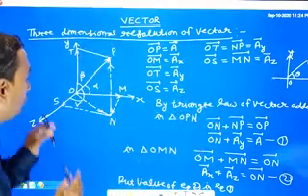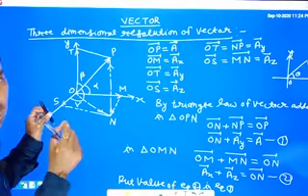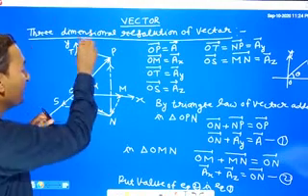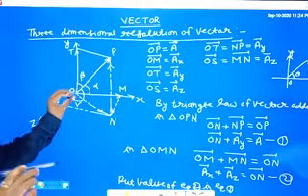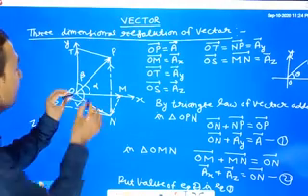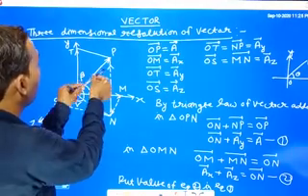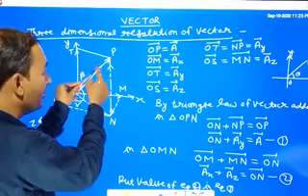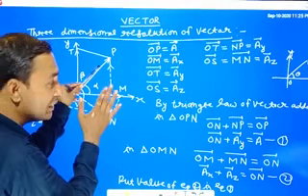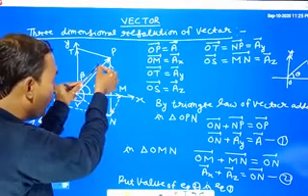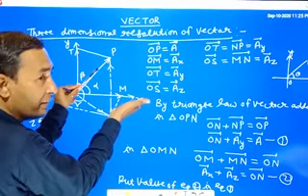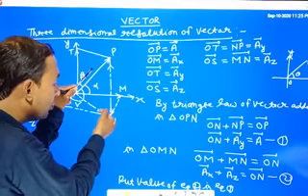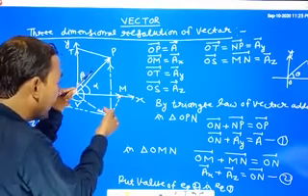First you understand this diagram very clearly. This is the x axis, this is the y axis, and this is the z axis, perpendicular to the plane of paper. This is our 3D vector OP. This is point P. When we find the component of this vector on the x axis and z axis, we draw a perpendicular on this xz plane. Now this point N is in the xz plane. From that point N, we draw perpendiculars on the x axis and z axis.